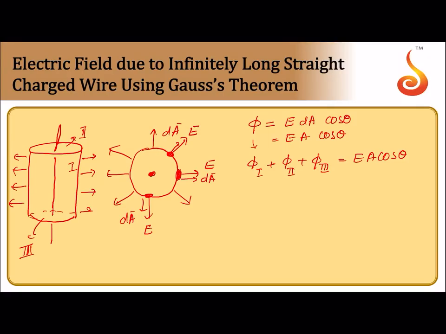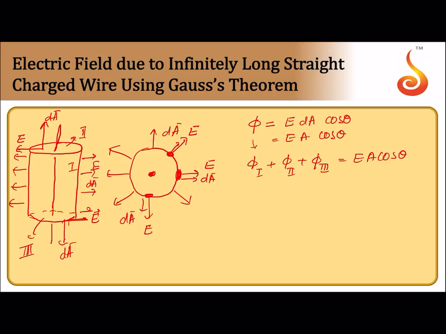Good. So now if you look at the top surface, the electric field is along this direction, while the area vector is along this direction for the top surface, while for the bottom surface the same story. Those two are perpendicular, while for the curved surface electric field and area vector are parallel.